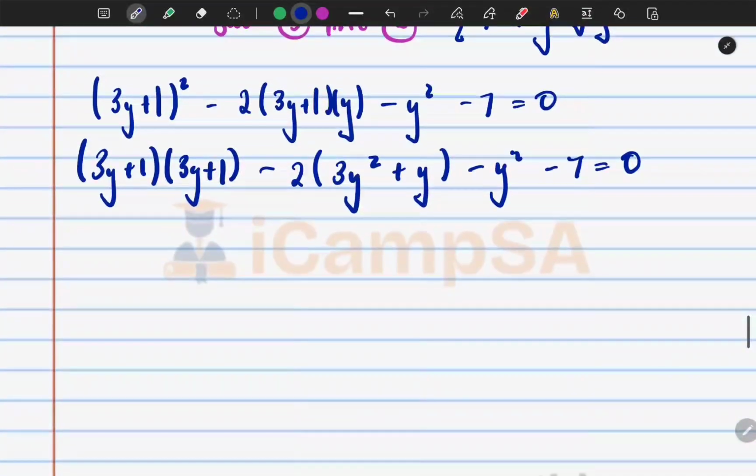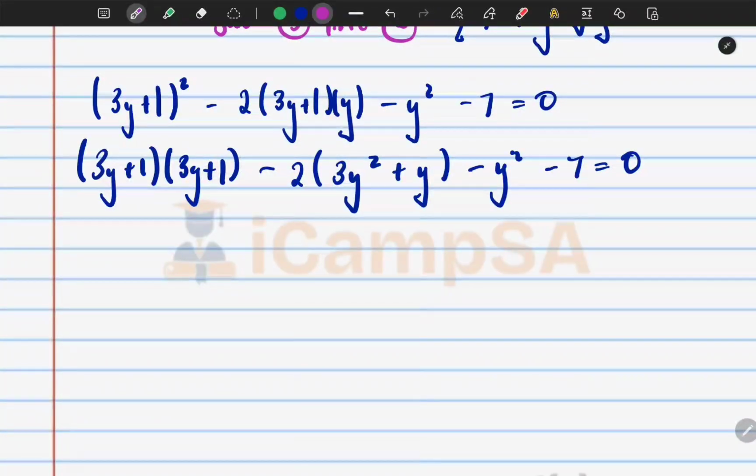So here I'm going to have to multiply this bracket out, right? I'm going to have to say 3y times this times that, right? And then this times that, right? So let's do that.